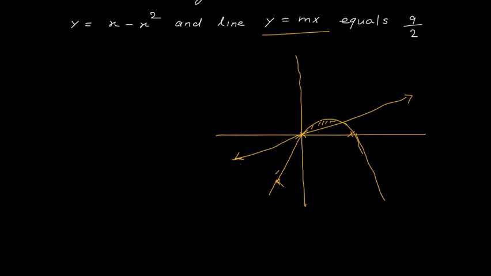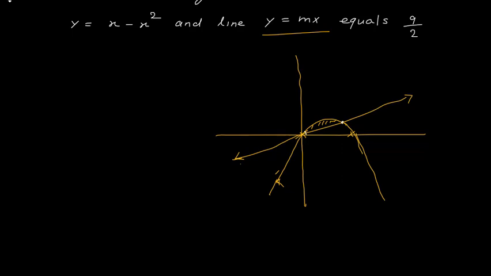So my formula will be area equals, now for that I have to find the point of intersection of this curve and this line. Actually, that also I don't know. For that we substitute y equals mx. So let us first find where they are intersecting.